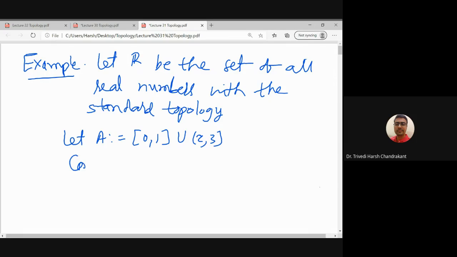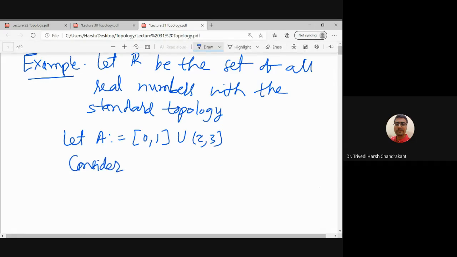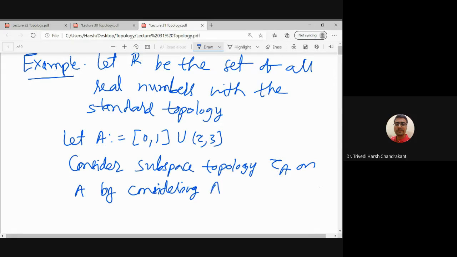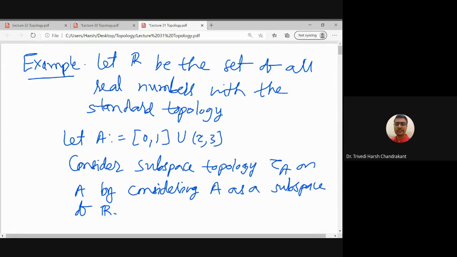So consider the subspace topology tau A on A by considering A as a subspace of R with the standard topology.